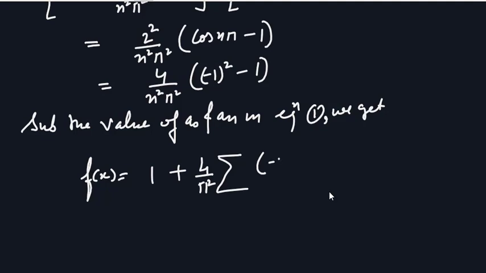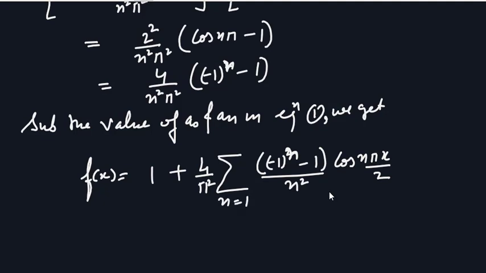Inside, minus 1 power n minus 1 divided by n square cos of n pi x by L. L here is 2.